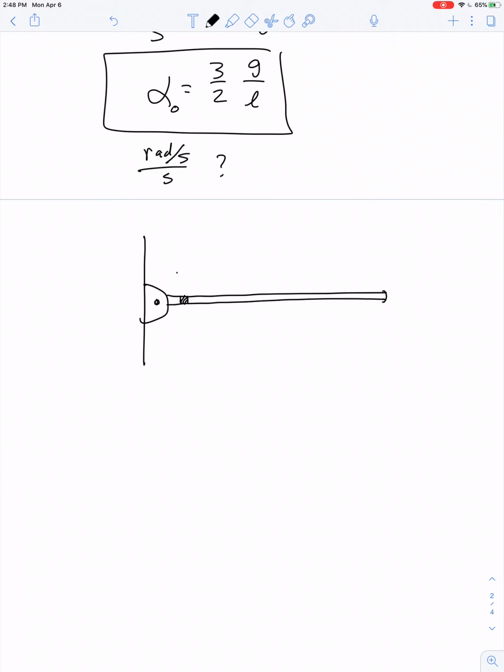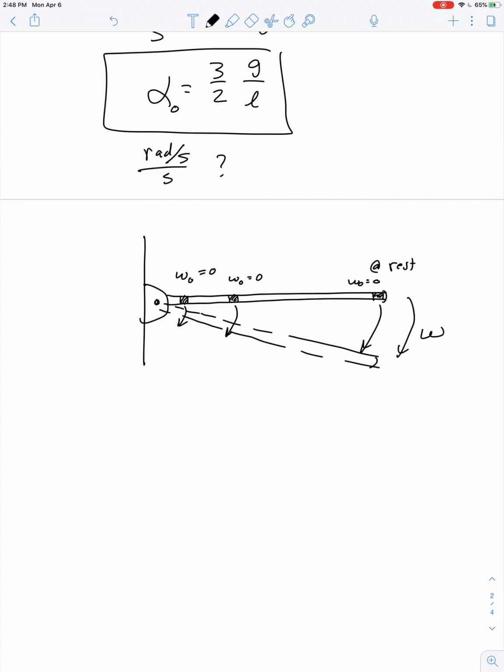That chunk of mass has an initial angular speed of 0 because the whole beam started out at rest, and that little chunk of mass has an initial angular speed of 0, and that bit of mass has an initial angular speed of 0. And when released from rest, every part of the beam all starts to rotate together, and by the time the beam has traveled a little bit, the whole beam then has gained some angular speed by the time it gets to this point, and so every point of the beam has the same value of alpha.